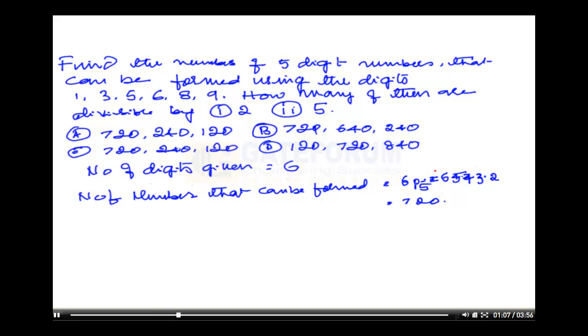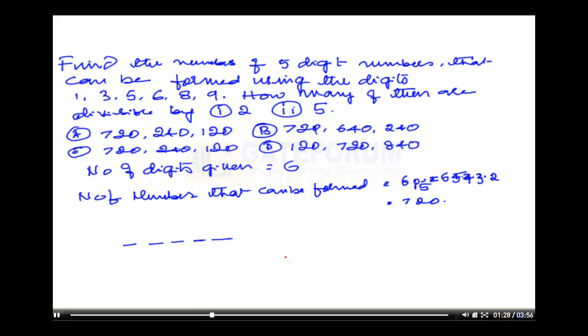And among them how many are divisible by 2? In order to find this, first we shall take 5 places for 5 digits, and all the numbers that are formed here should be divisible by 2.